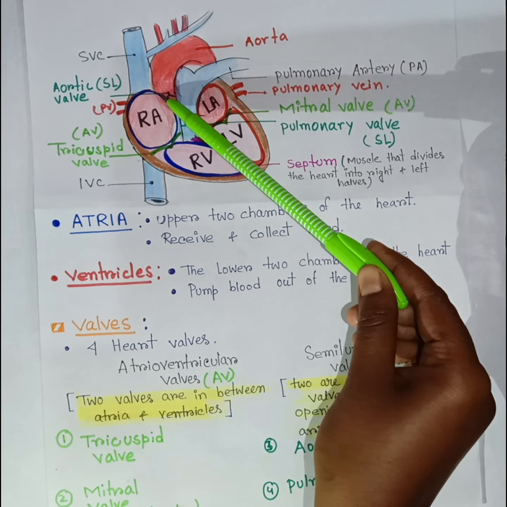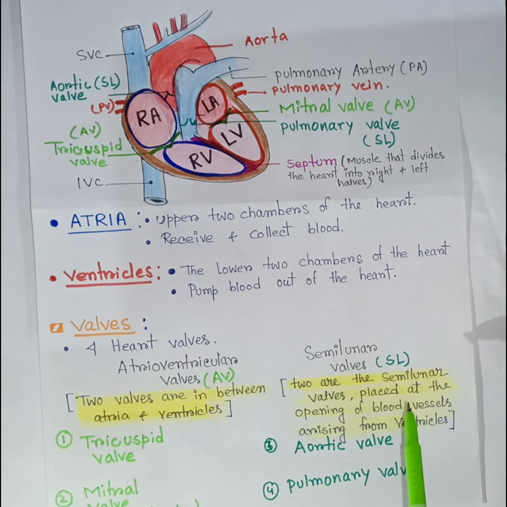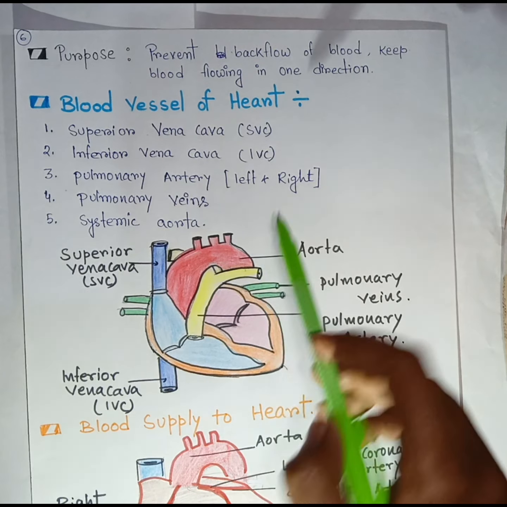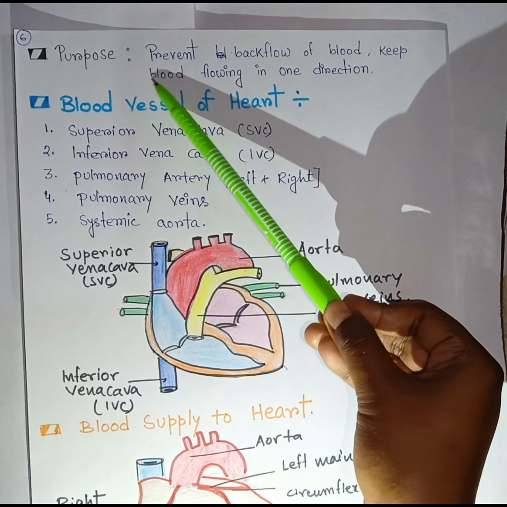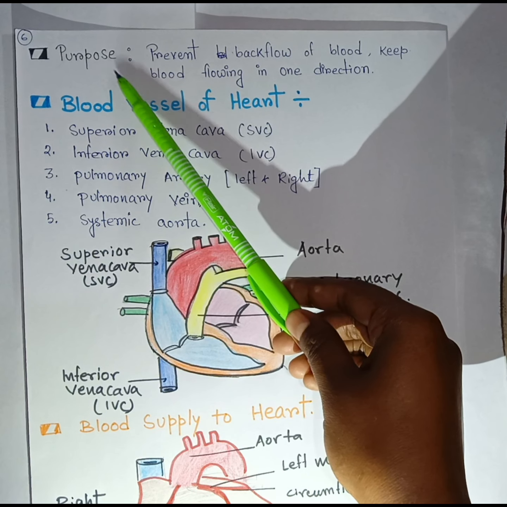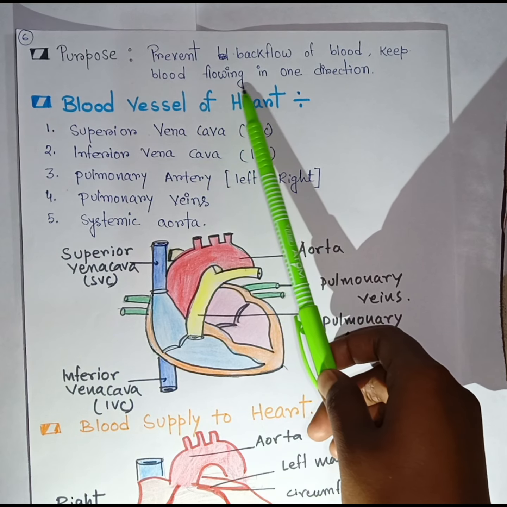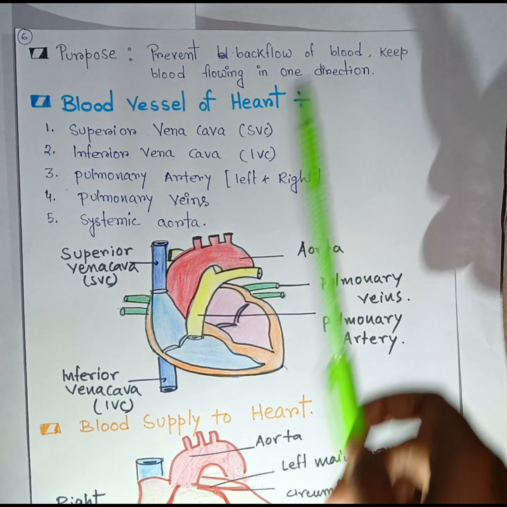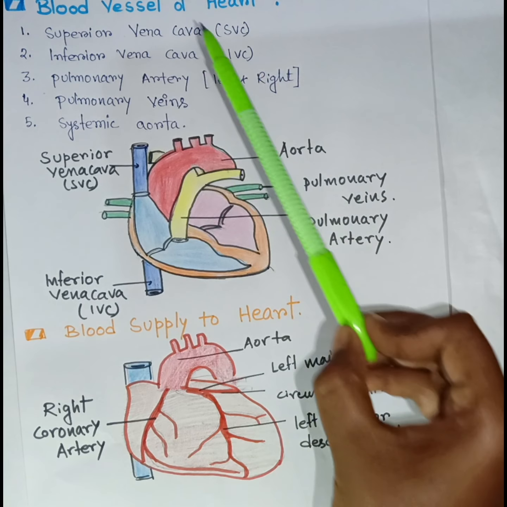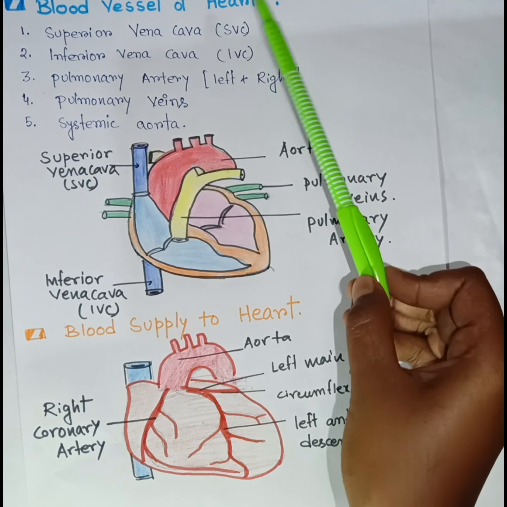Pulmonary valve and aortic valve are known as semilunar valves. Now, the purpose of our valves: prevent backflow of blood and keep blood flowing in one direction.